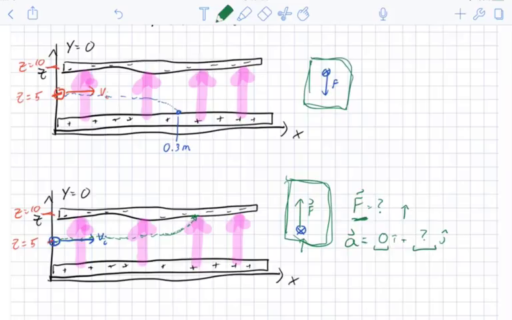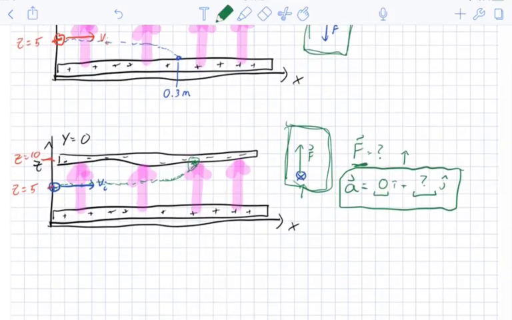So, if I knew what the acceleration was, I could use, essentially, the techniques we talked about last term to figure out exactly where it's going to land over here. Actually, figuring out where it's going to land is going to depend on two things. One of them is what the acceleration is, but also what the initial velocity is.